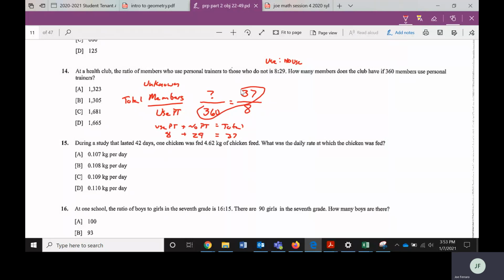Now cross multiply and divide. 360 times 37 divided by the other number. This gives us 13,320 divided by 8, which is 1,665. And that is letter D.